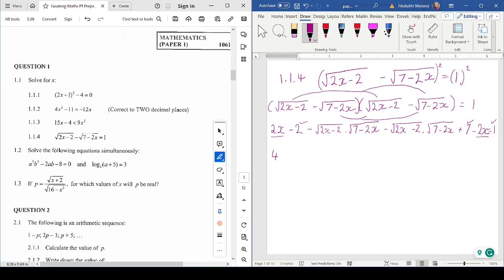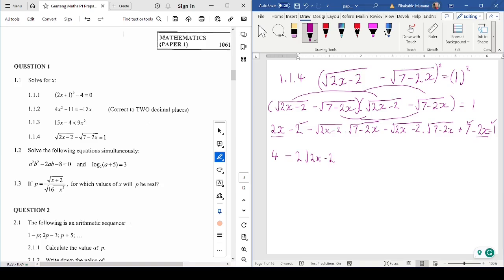Now, these ones right over here, these middle ones, these square roots, what I'm going to have here is, first of all, it's minus, and there's 2 of them, so I'll go 2. And I can actually put everything under the square root. Okay, so under the square root, just to do it step by step, I'm going to have 2x minus 2.